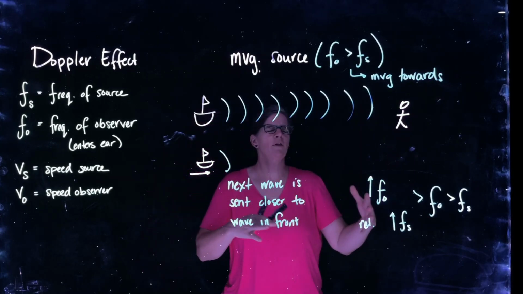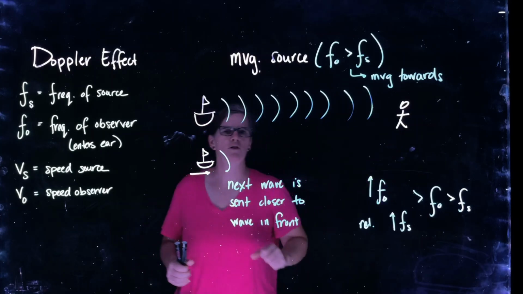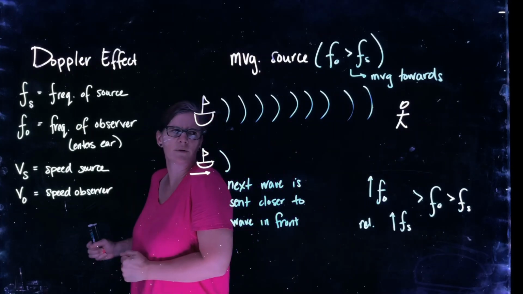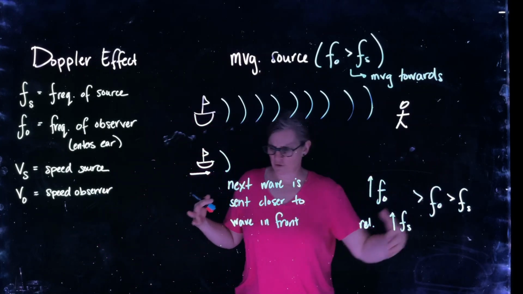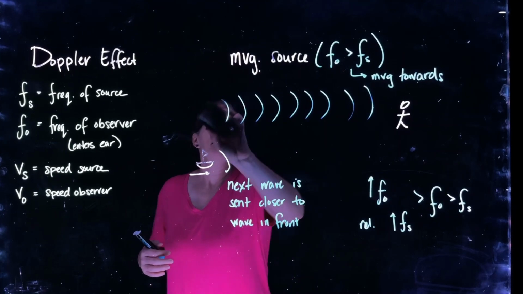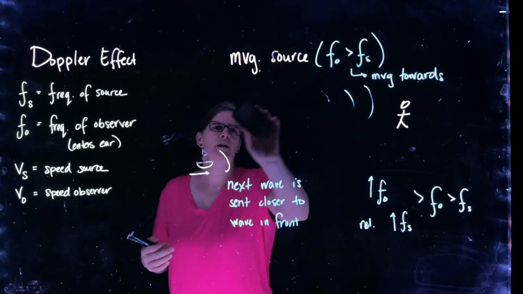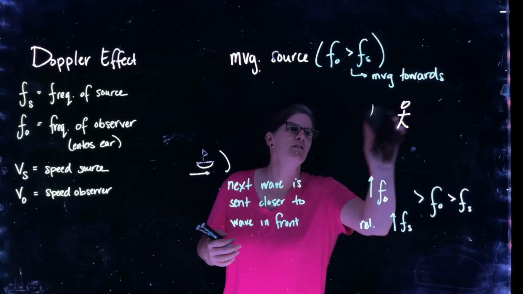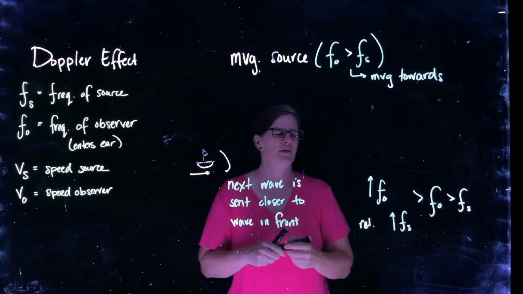Well, what if it's moving away from the observer? What if now I send that wave front towards you and then I skedaddle in this direction and send out another wave front? Now I'm further apart than I was. I've moved away from the wave front traveling towards you before I sent the next one, and my wave fronts that ultimately hit you are further apart.